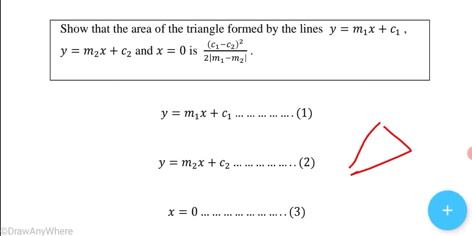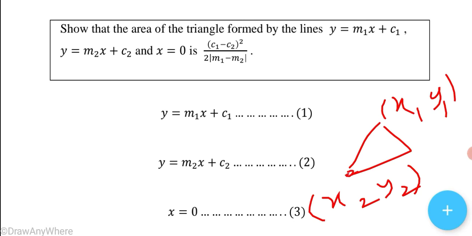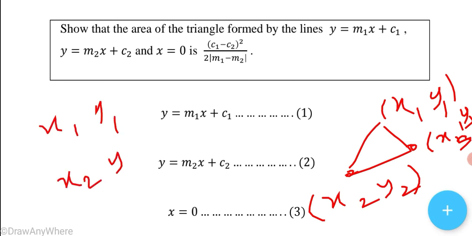generally a triangle has 3 vertices. The vertices are x1 y1, x2 y2 and x3 y3.